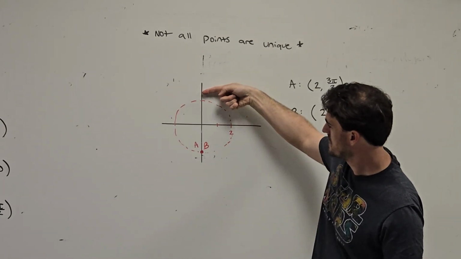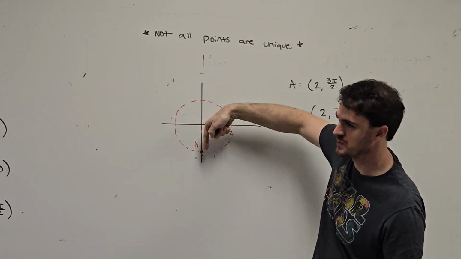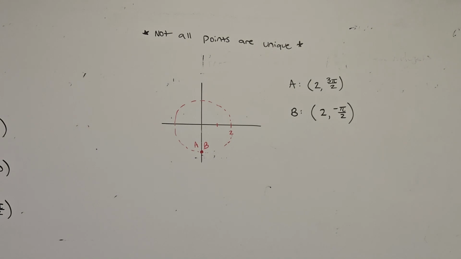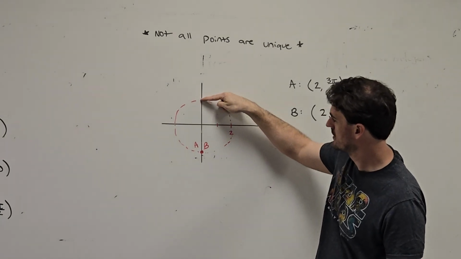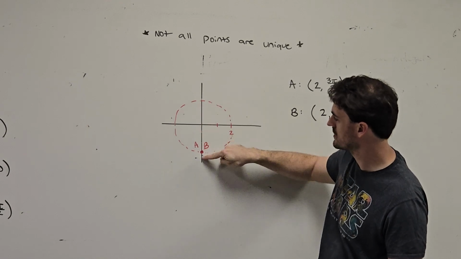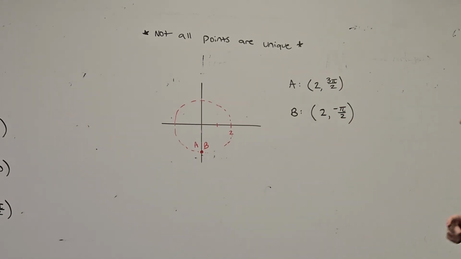That would put me over here though. So (-2, -π/2)? What if we go to π/2 and then have a radius of -2? Oh, I just said the same coordinate twice.